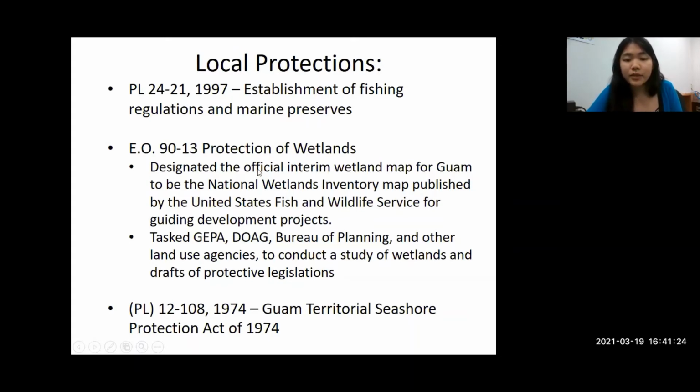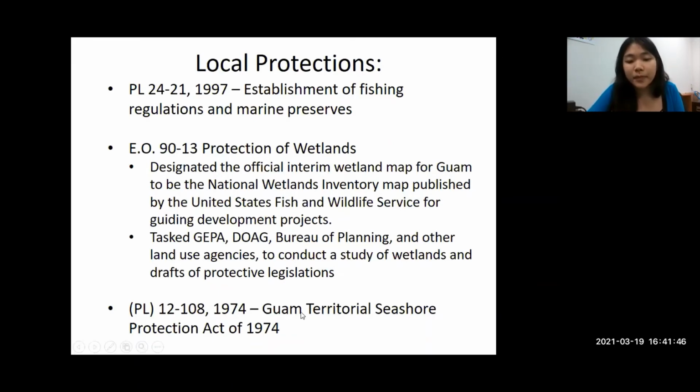And then there's also some efforts for protection of wetlands. This particular effort wanted to designate an official wetland map and conduct some studies and legislate some protections for wetlands in particular. So we could follow up with the work that's been done for wetlands in general.